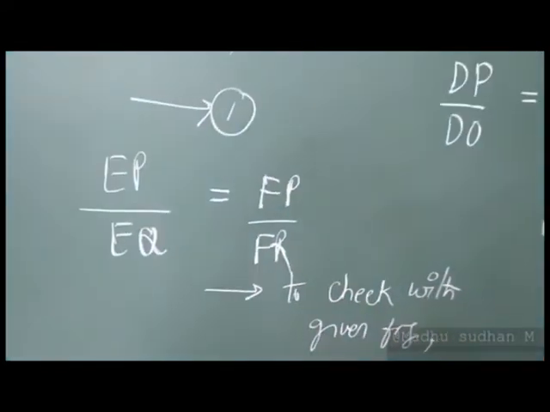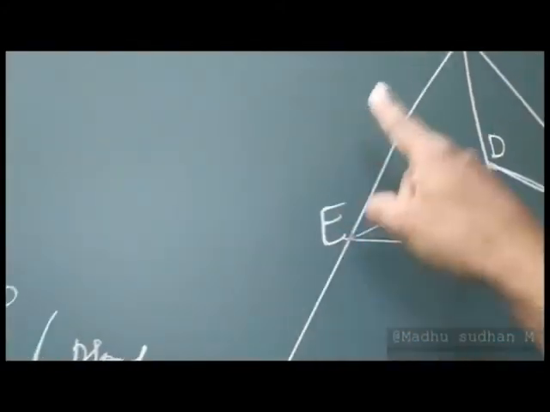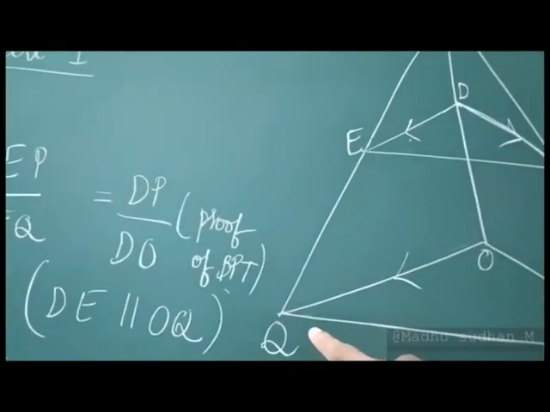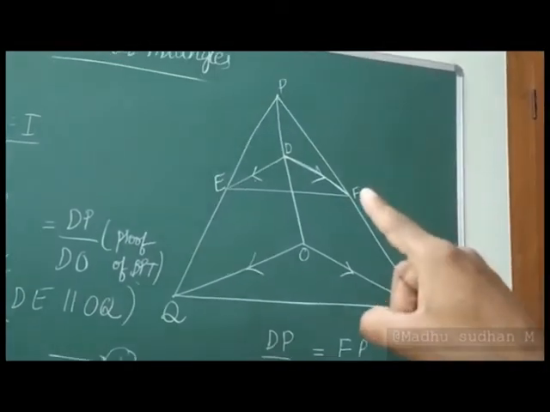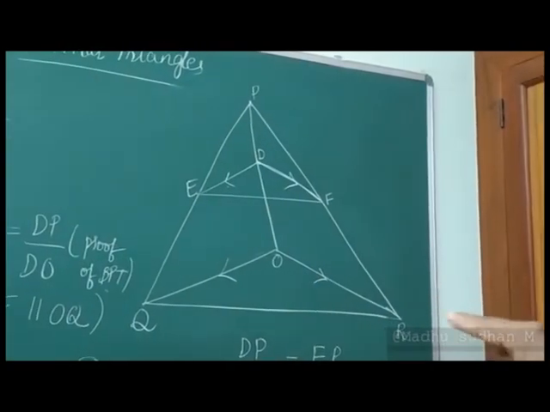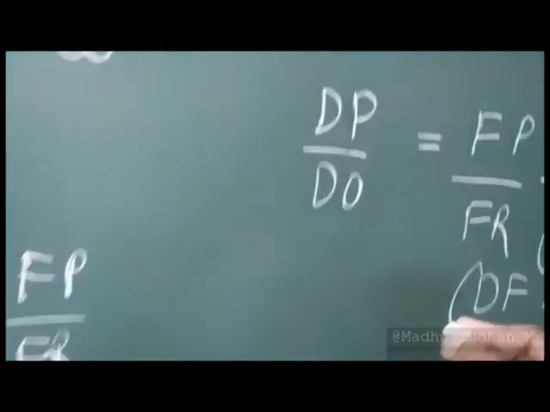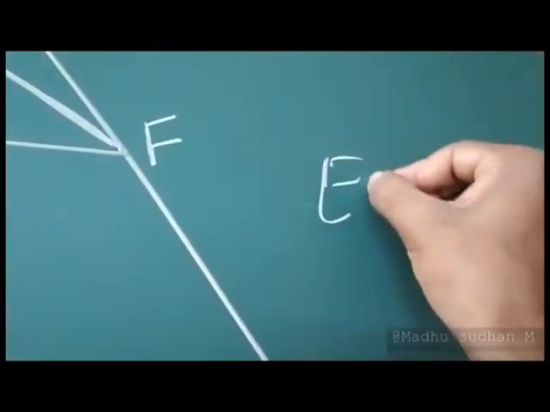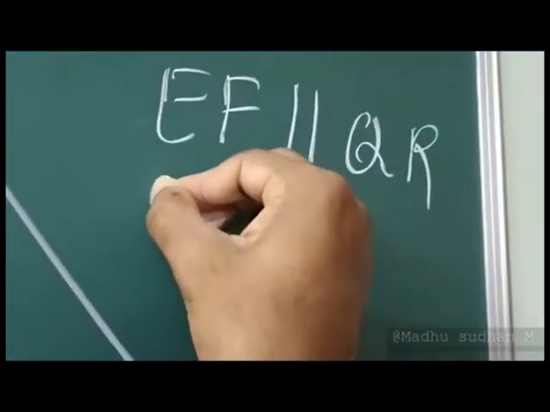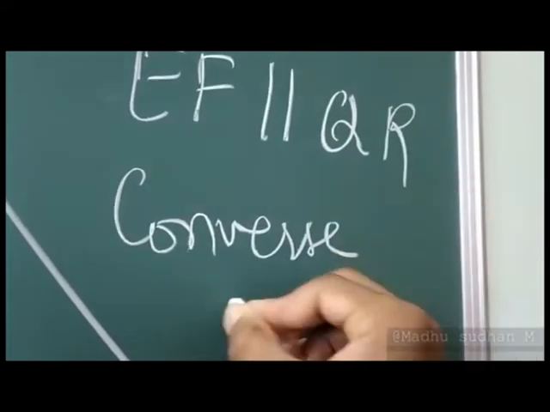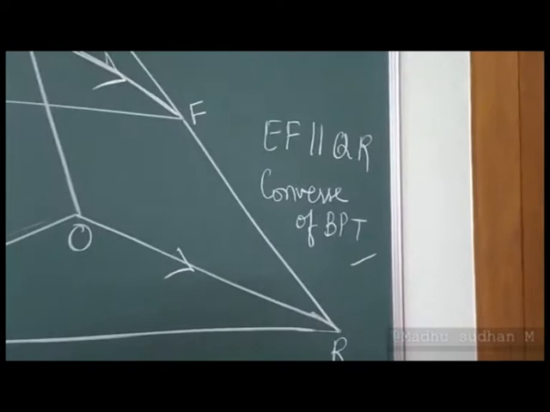So which is my EP by EQ now? Please understand, this is my EP by EQ, which shall be equal to what? EP by EQ is equal to FP by FR. So can I not say that EF is parallel to QR now? I can say that EF is parallel to QR, and this is my converse of BPT. Converse of BPT. Follow, children. So what is the statement of converse?